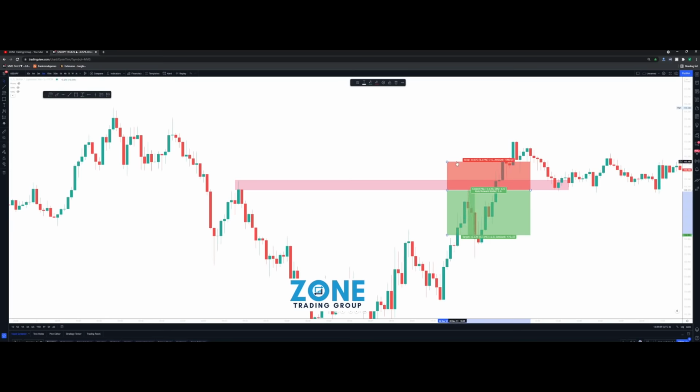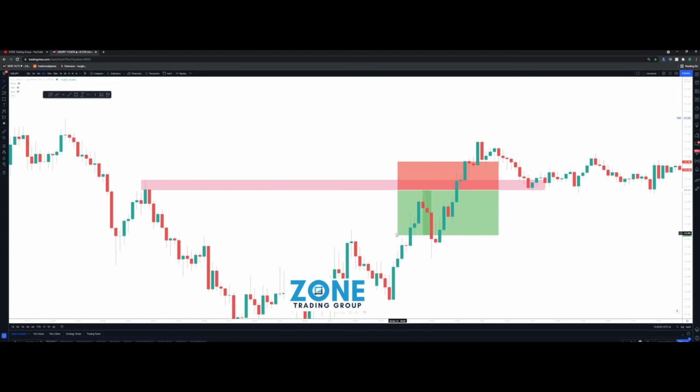We would have had our stop loss set about right there, and our take profit would have been down here at structure, somewhere about right here. Let's try to make this as accurate as possible. Somewhere about right here. And we would have gotten almost 2-1 on this trade, and that's a really good trade. If you're getting 2-1 on any trade with a valid setup, that is always a good thing.